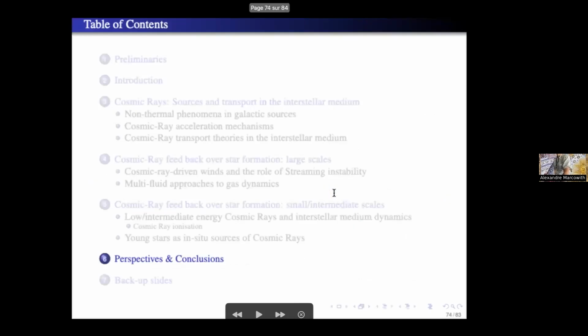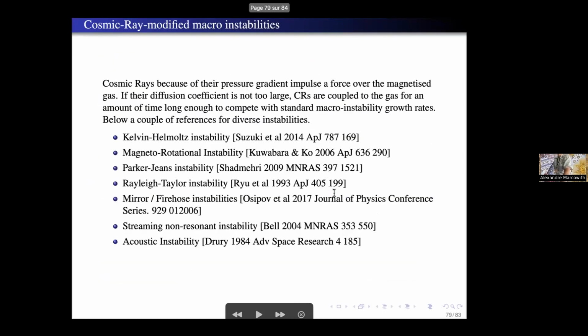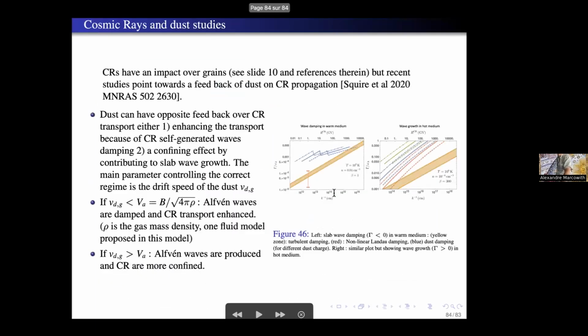There's an interesting work, it's nice. I have a backup slide on that. It's very new work. I'm not well aware about desorption and so on, sorry for that. What I'm more aware of is how dust can impact cosmic ray transport.